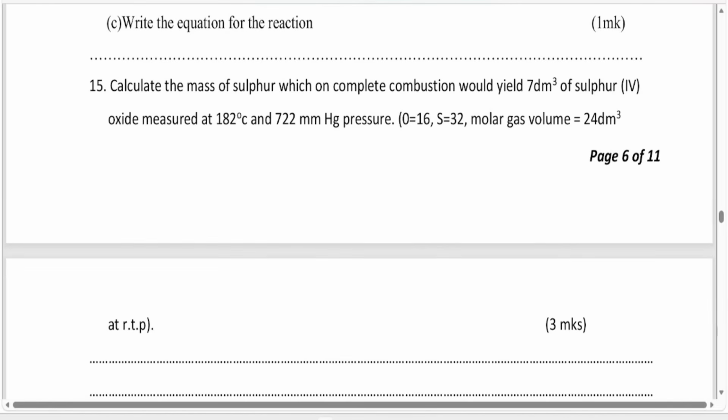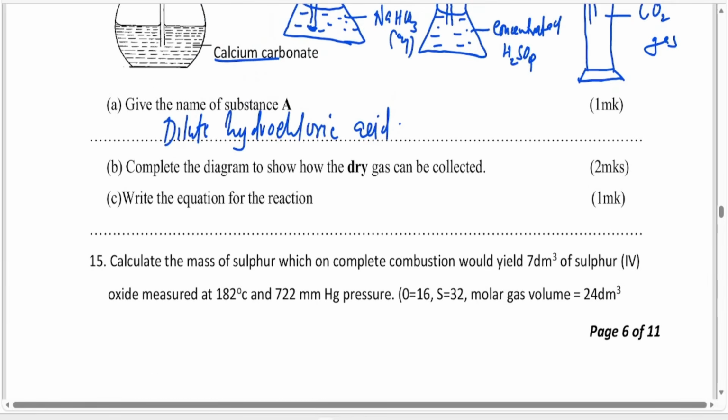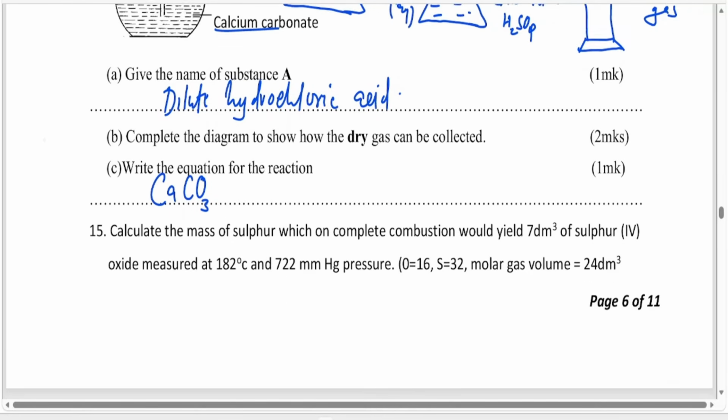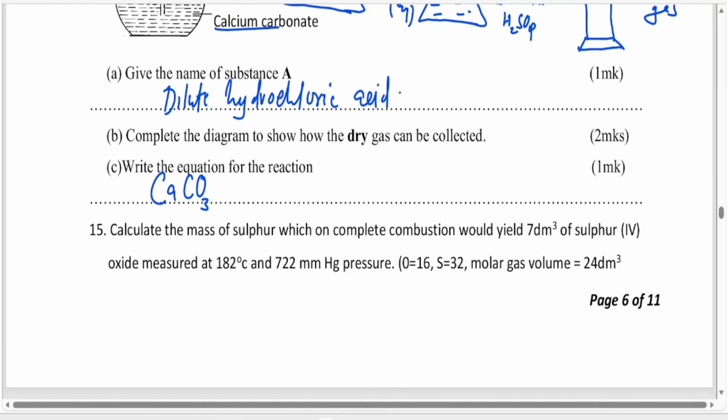Write the equation for the reaction. What happens here? We have calcium carbonate reacting with dilute hydrochloric acid. Therefore, the equation becomes calcium carbonate, which is a solid, reacting with HCl, which is aqueous, and we obtain salt, water and carbon dioxide.